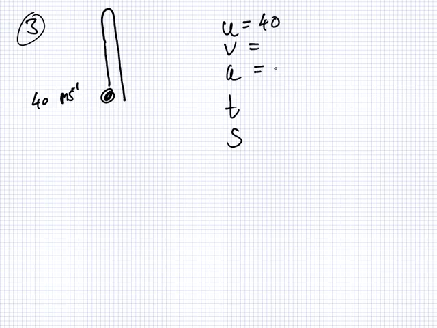The A we do know. The T we don't know, but the S we do know. 0, because it goes back to the same position. Yeah, it's back at the ground level again. But then isn't V 0 since final velocity is 0? No. The velocity just before it hits the ground is not 0.